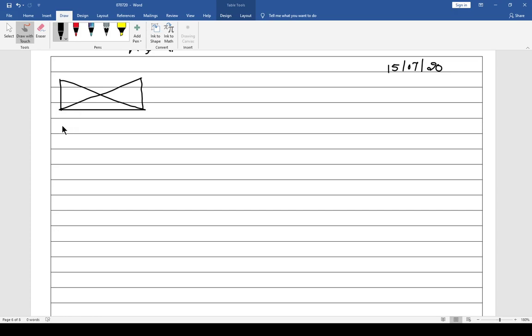Okay, so this is my, so I call this as xi, that is equal to -1 and xi equal to 1.